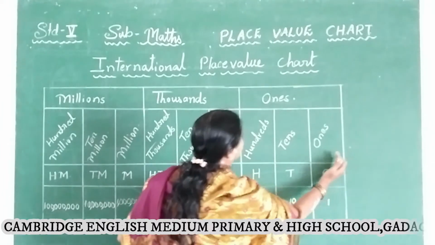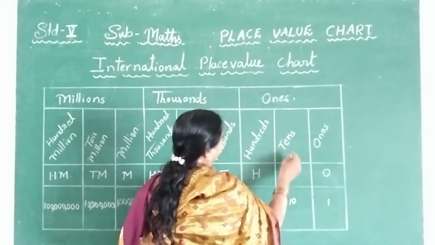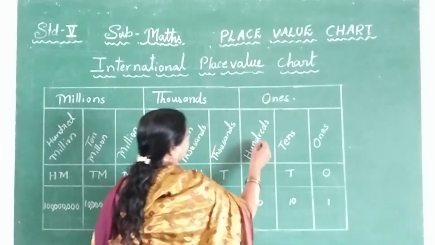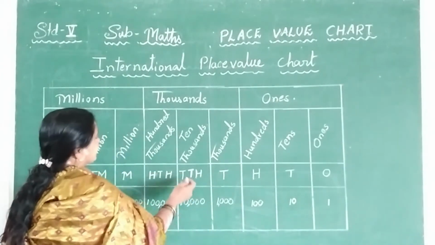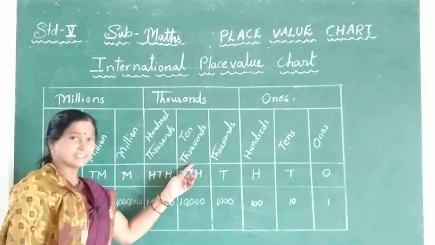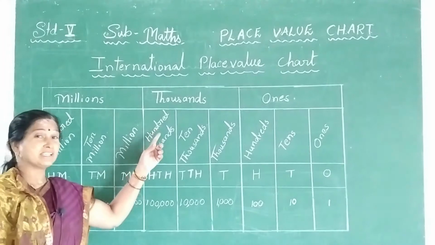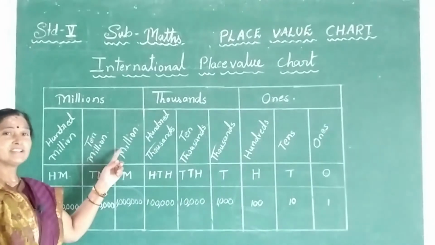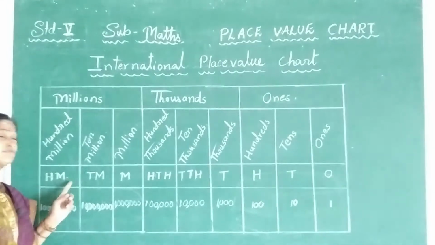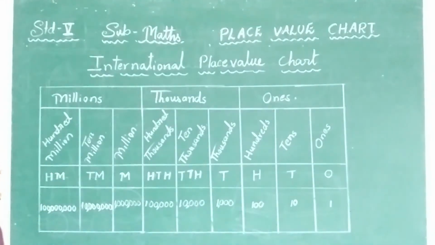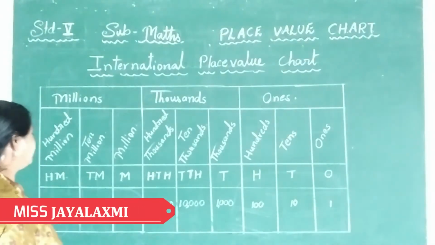O for ones, T for tens, H for hundreds, T for thousands, TH for 10,000s, HTH for 100,000s, M for million, TM for 10 million, HM for 100 million. In this place value chart, you will learn up to million only.